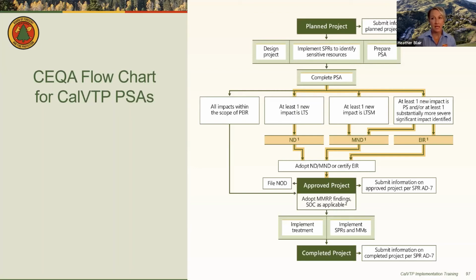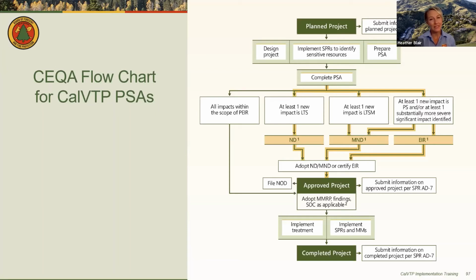So all this being said, we expect the need to prepare a separate CEQA document for vegetation treatment projects would be exceedingly rare. The program EIR was designed to be very comprehensive. We sat around the table with CAL FIRE to brainstorm all reasonably foreseeable impacts that could occur during vegetation treatment so that we could maximize the use of within the scope findings.